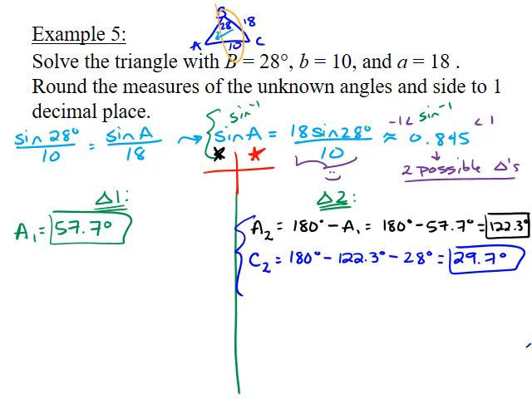So to find side C, I will take sine of 28 degrees divided by 10 is equal to, I have to use the angle I just found, so sine of 29.7 degrees divided by C. Plugging this into your calculator, you should find that C2, little c2, is 10.6.